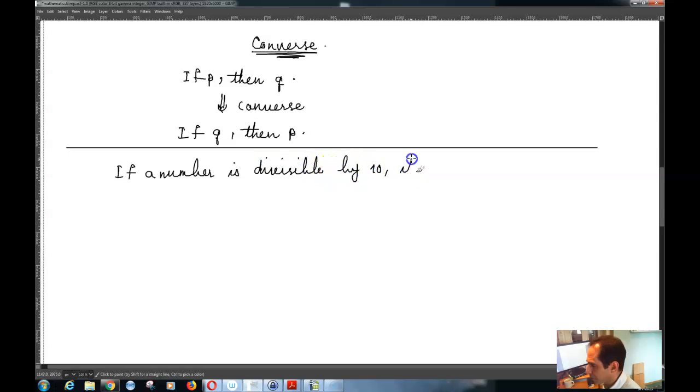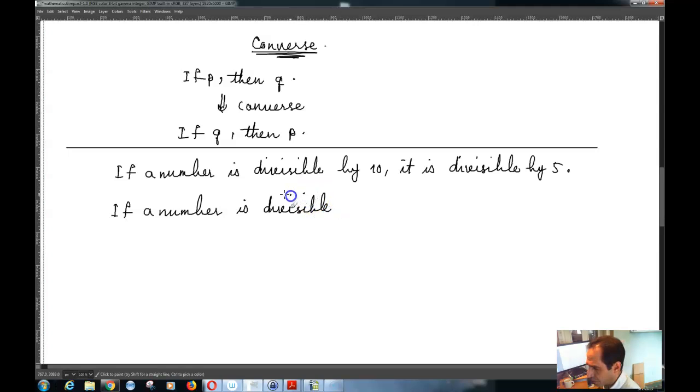Then the converse of this statement would be: if a number is divisible by 5, it is divisible by 10, which is of course not necessarily true.